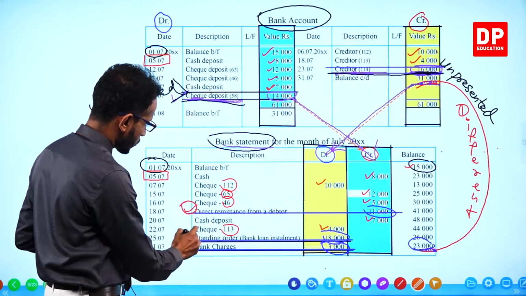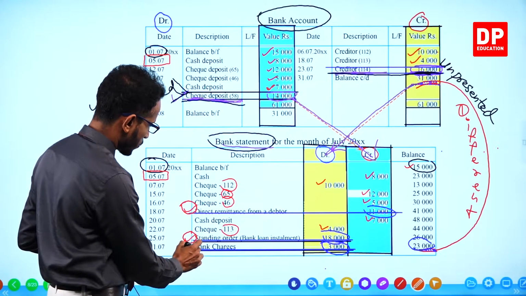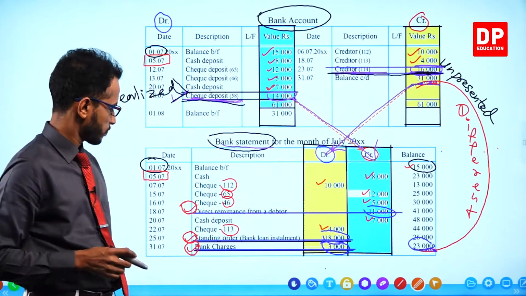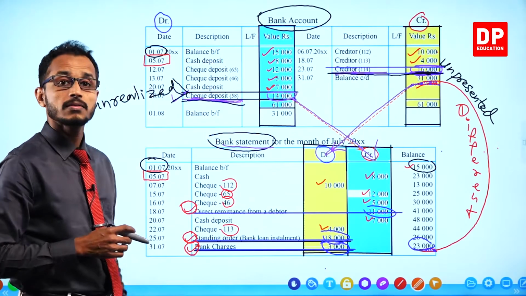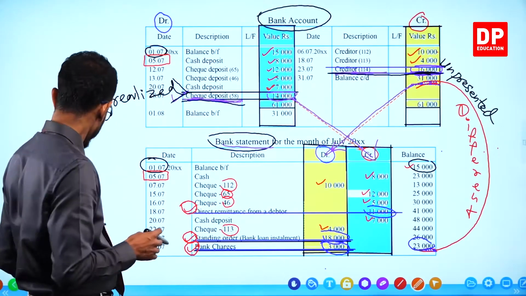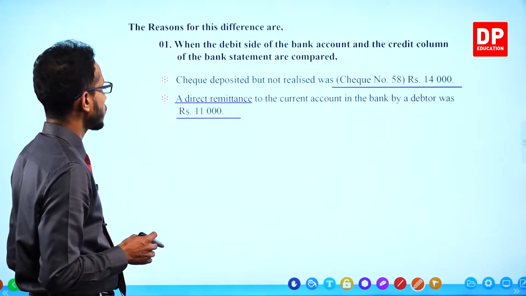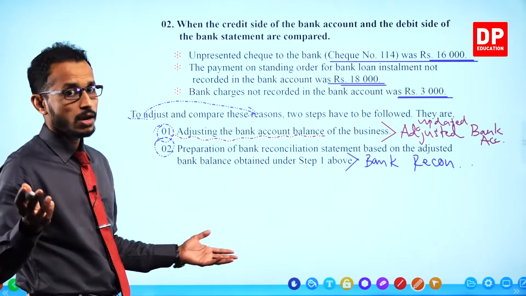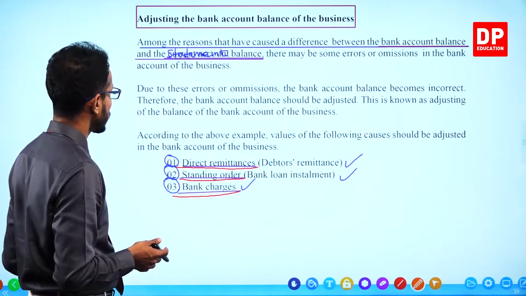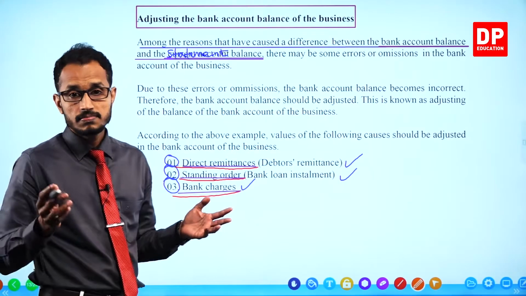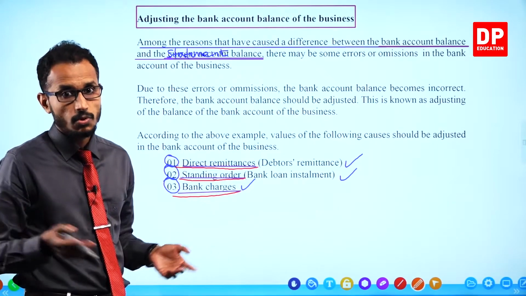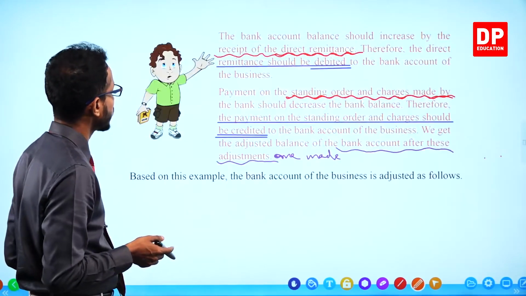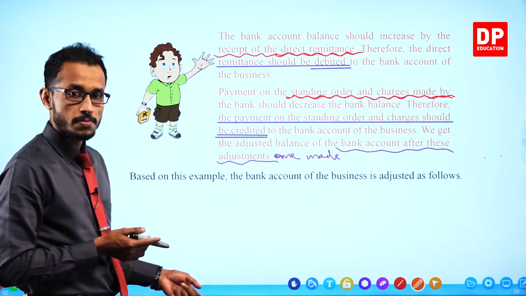Direct remittances, standing orders, bank charges. Then let's take them to the adjusted bank account and prepare the adjusted bank account, shall we? That is the important thing. Preparation of the accounts.